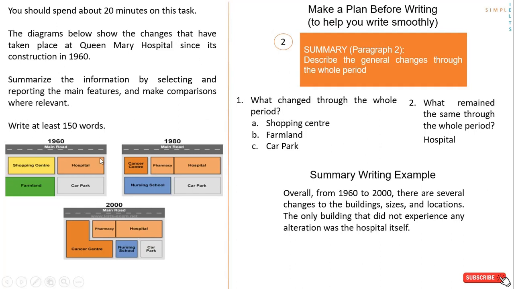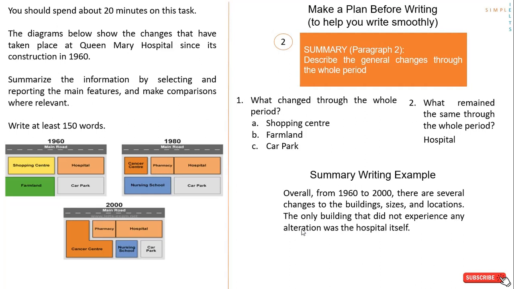For example, about the locations, we can say that nursing school in 1980 was located in the left, and then 20 years later it was located a little bit to the right, and it is reduced in size, by the way. Okay, alteration here has the same meaning as change.